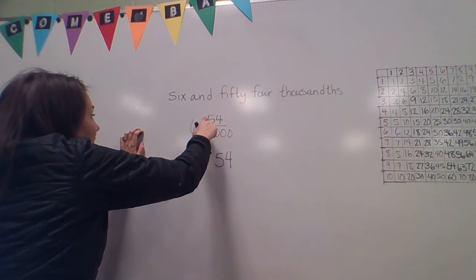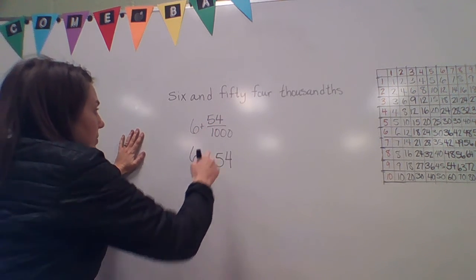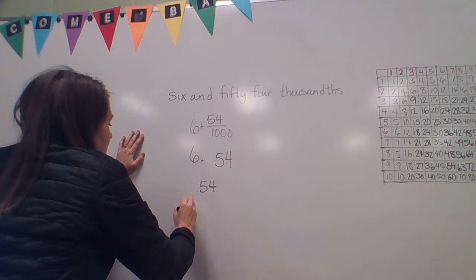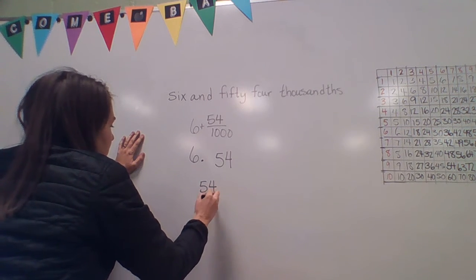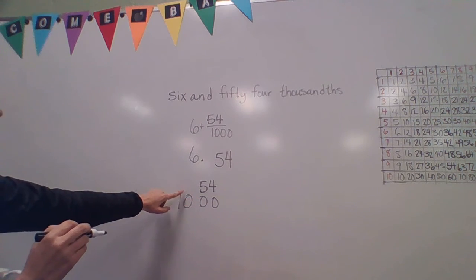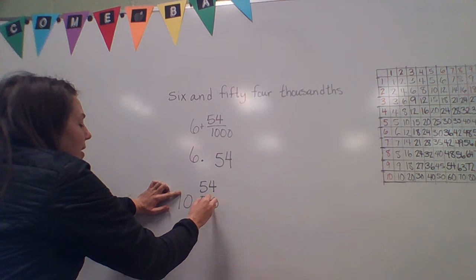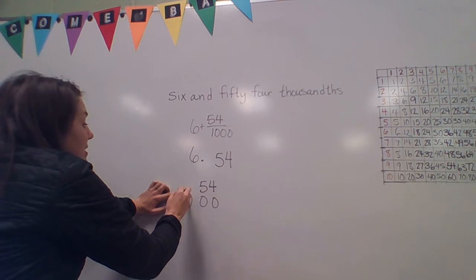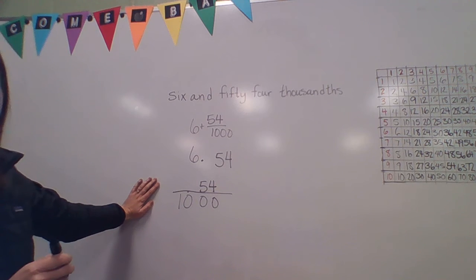But I don't have any. So I'm talking about thousandths, so I would have a 4 in the thousandths place, a 5 in the hundredths place, nothing in the tenths place, right?